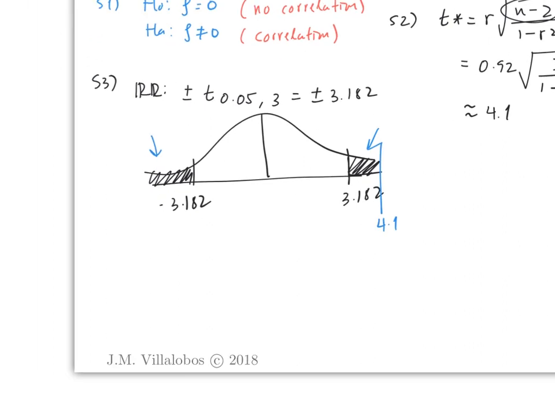So therefore the conclusion will be to reject H0, which implies rho is not equal to 0, which implies that there is a correlation between X and Y. And that's it.